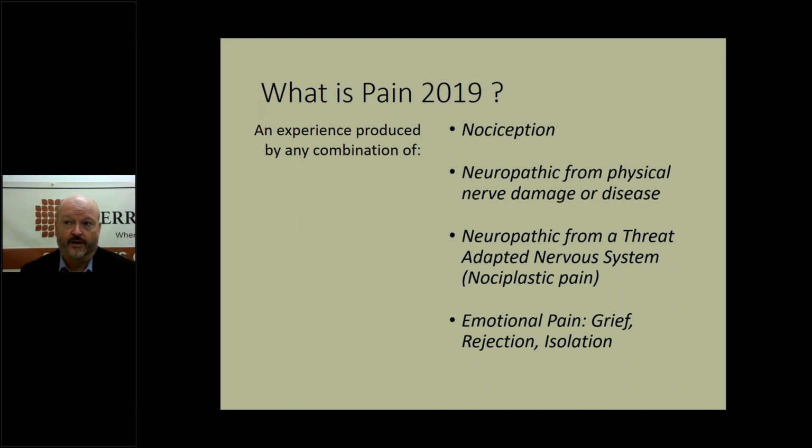That's not happening. It's actually kind of a lie that the nervous system is telling the brain as a consequence of nerve injury. So that's neuropathic pain from physical nerve damage. The next two are the harder ones to get our heads around, and I'm going to focus on the fourth.